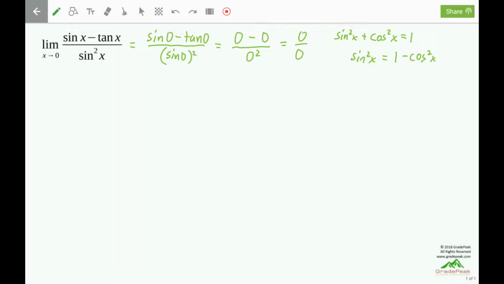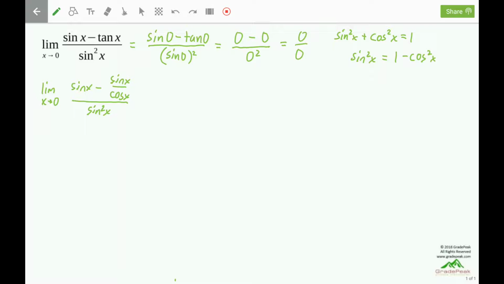But if we rewrite tangent as sine over cosine, which I'm going to do now, limit as x goes to 0 of sine x minus sine x over cosine x. We have a common factor of sine x in those two terms. Before I actually factor them, I'm going to get a common denominator between them and combine them together.